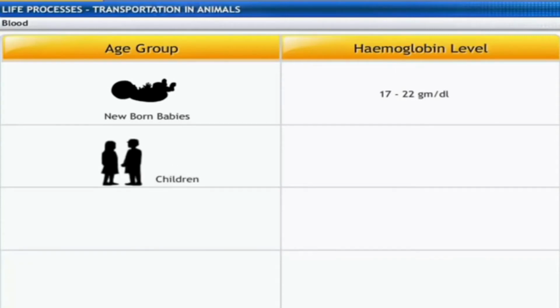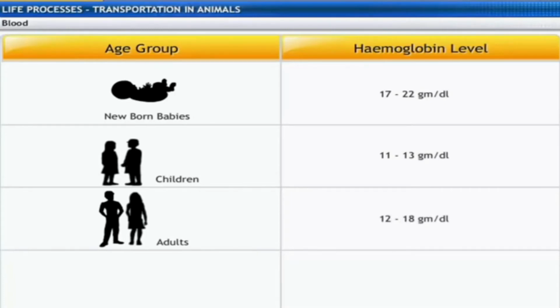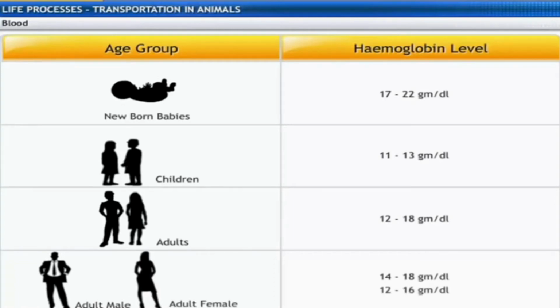For children, the normal range is in between 11 and 13 grams per deciliter, and for adults, it is between 12 and 18 grams per deciliter. An adult male has a hemoglobin level between 14 and 18 grams per deciliter, and in adult women, it is between 12 and 16 grams per deciliter.